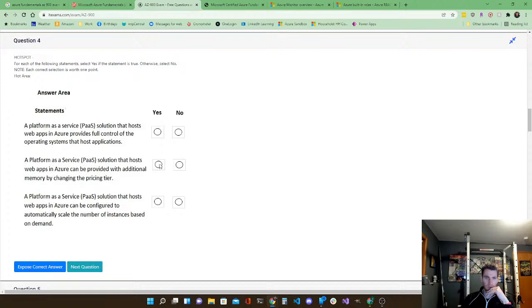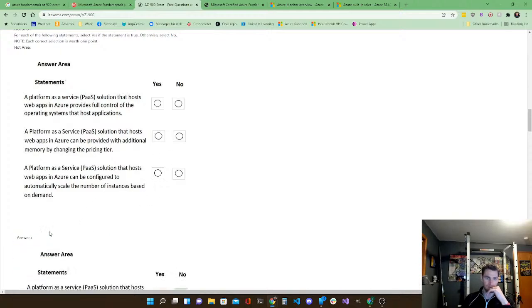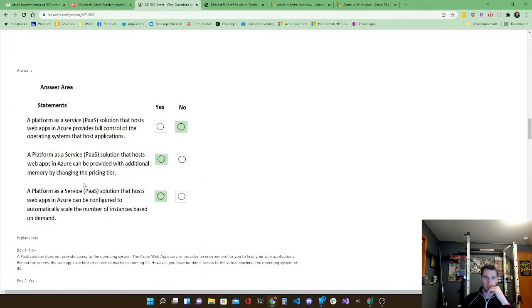Yes, so that's where you can kind of control some stuff. So you can set what your pricing tier is, and yeah, memory, storage, compute, stuff like that. PaaS solution that hosts web apps in Azure can be configured to automatically scale number of instances based on demand. Yep, that's yes. So no, yes, yes. Boom.